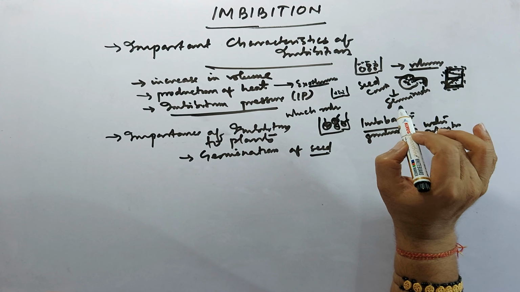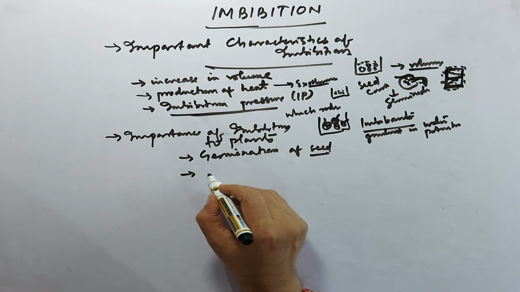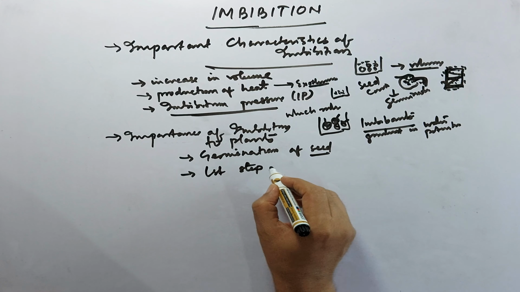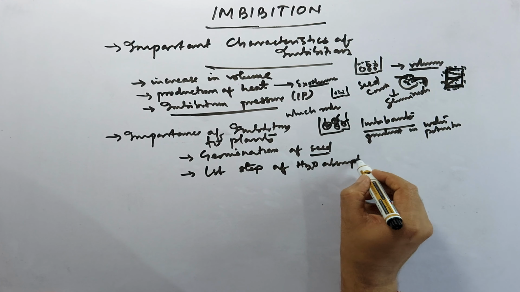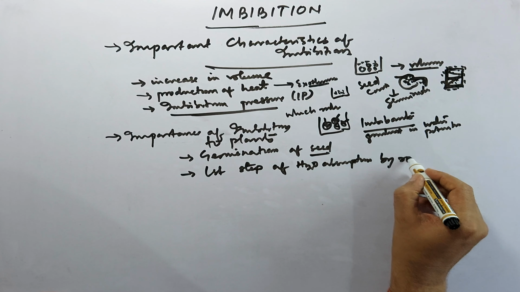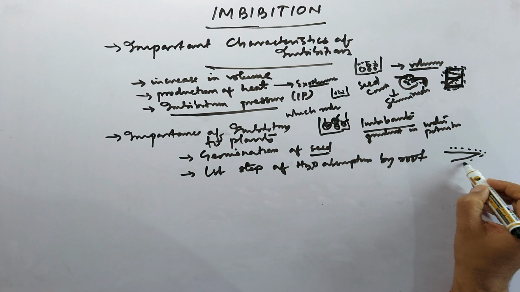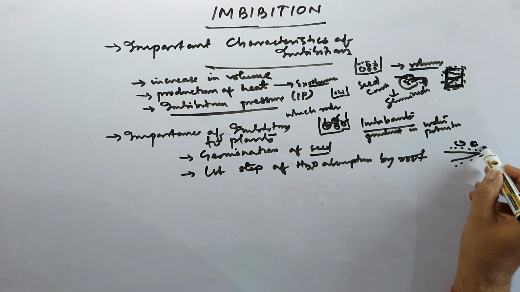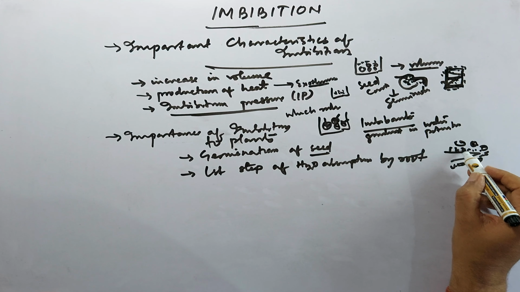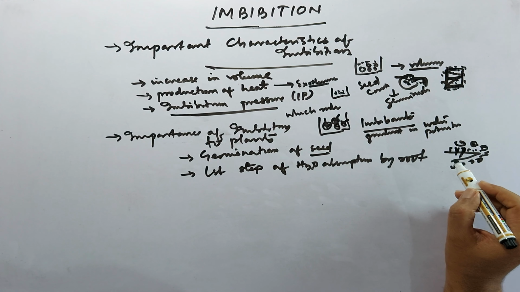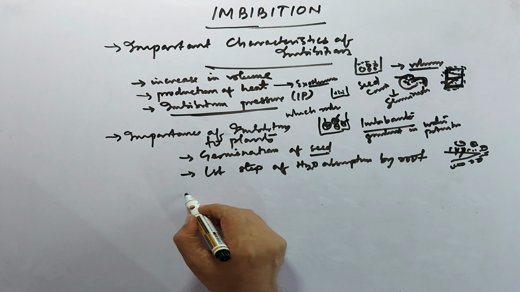The second is the first step of water absorption by the root. When the root hair comes in contact with the water in the soil, first there is adsorption or surface wetting, and then entry of water into the root hair occurs. Imbibition is the first step.